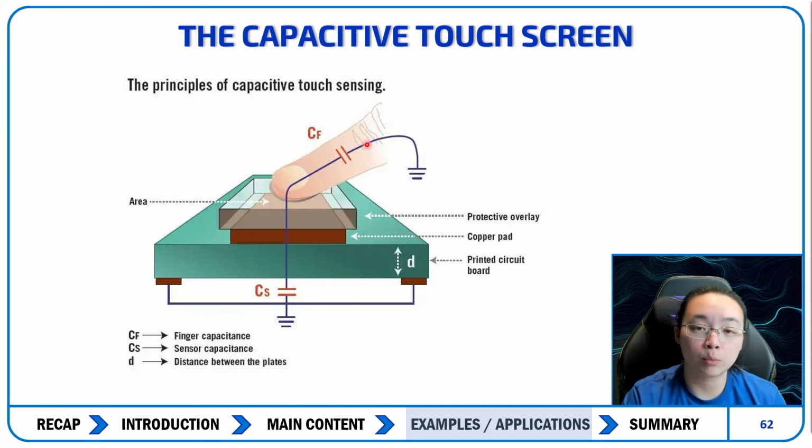So when we're touching the screen with our fingers, then there's also a finger capacitance that has to be considered. That means that we have a capacitance from the sensor, a capacitance from the finger. When that touch takes place, we form a parallel plate capacitor system in series. And that's how we can calculate a difference when we make that touch on the screen.